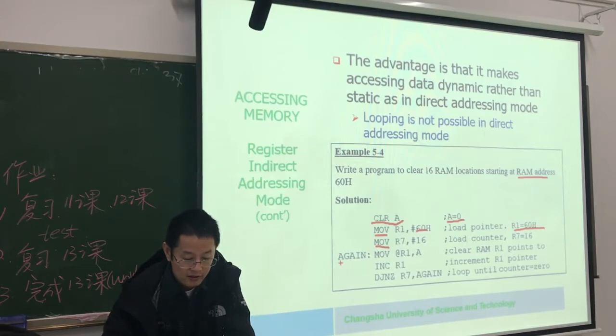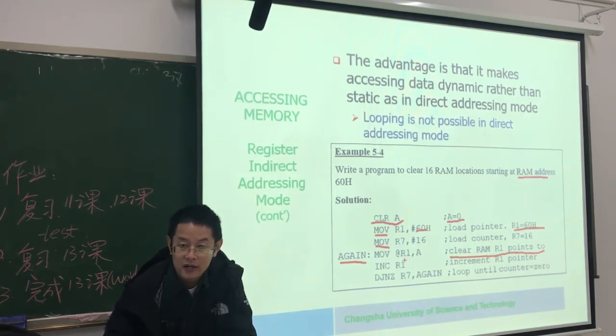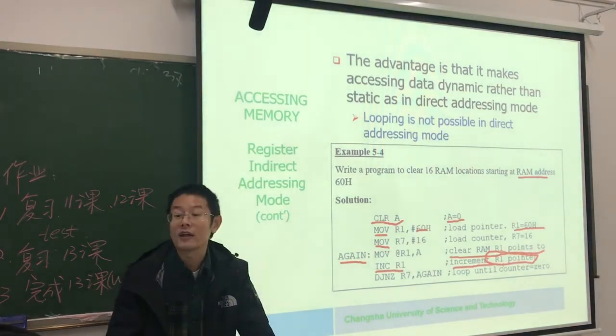This is a loop. Again, MOV @R1, A clears the RAM: it clears the content of the R1 address. INC R1 increments the R1 pointer, which means the R1 address.